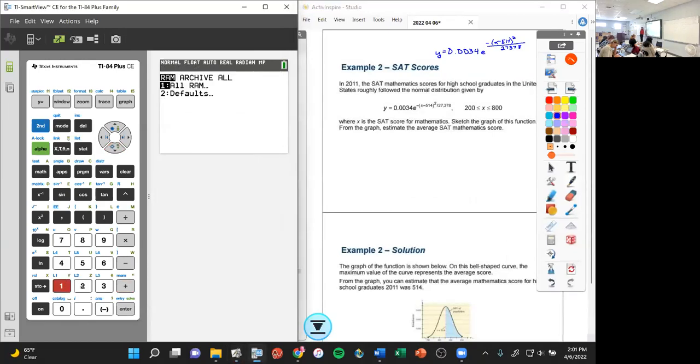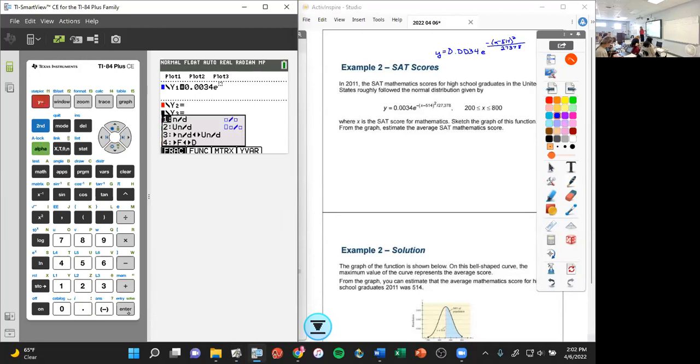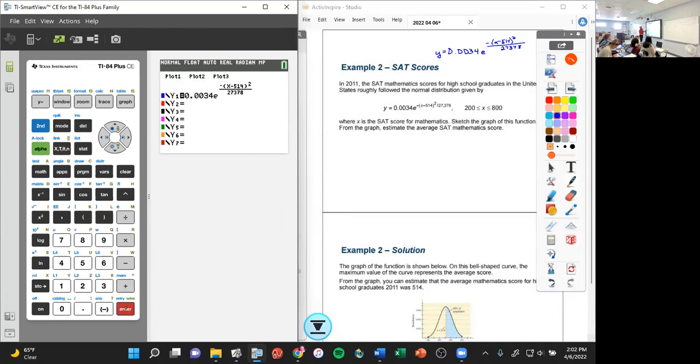Clear. Y equals the fraction, negative parentheses, 27. Okay.